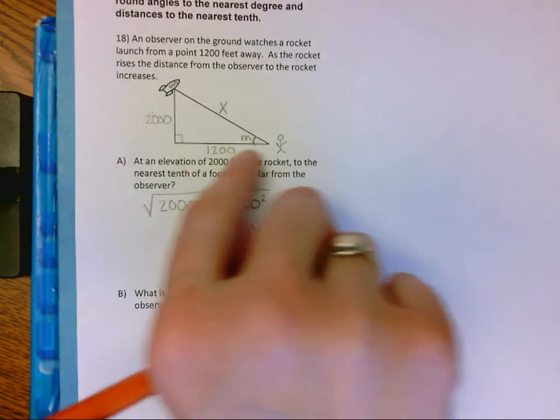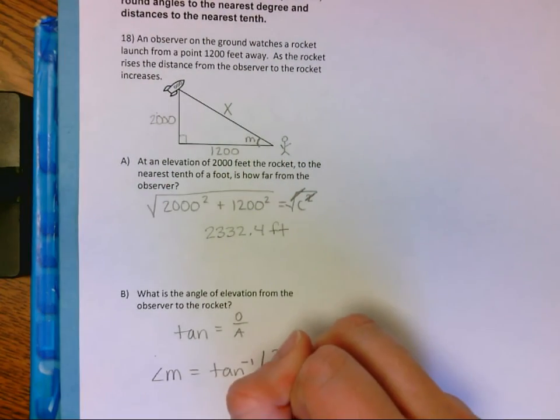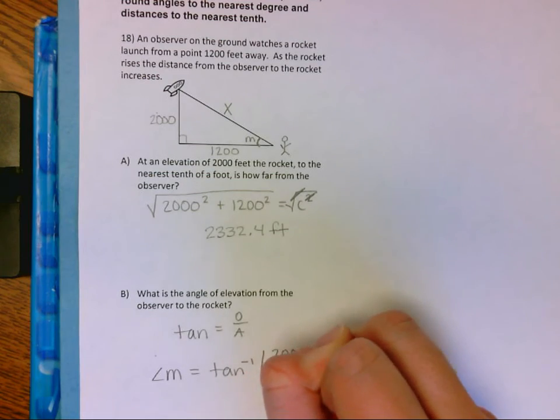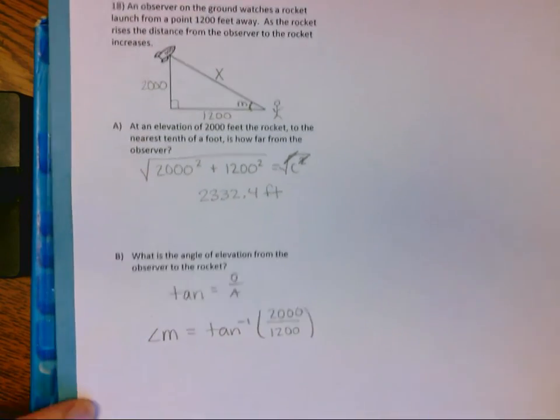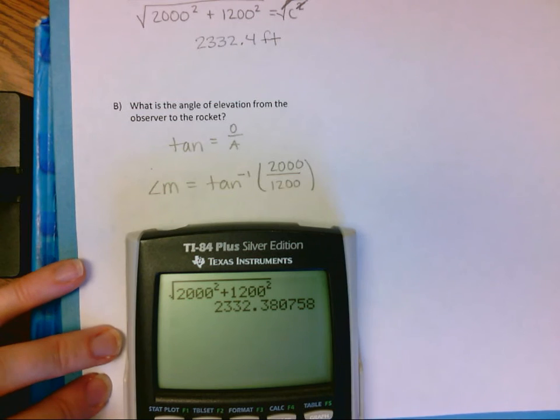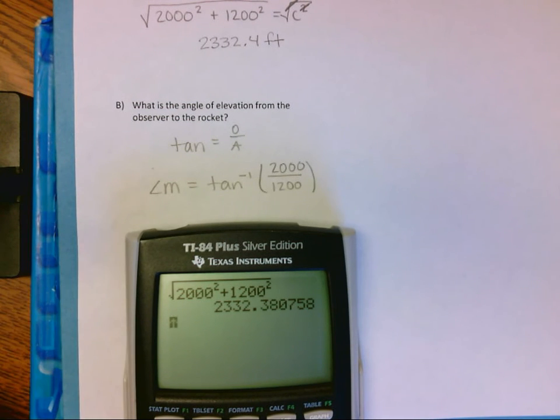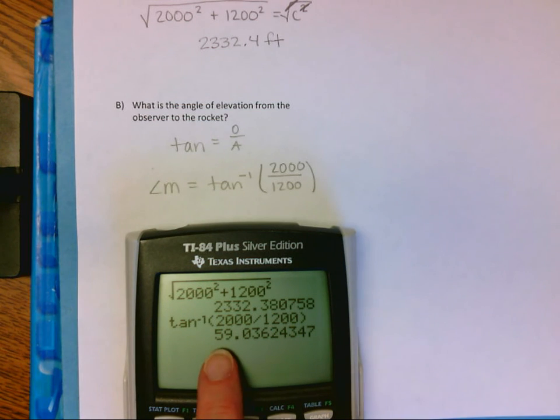Adjacent, it attaches the angle with the 90 degrees, is 1,200. Be sure your calculator is in the correct mode. Use second tangent to get inverse tangent. 2,000 divided by 1,200. Rounding to the nearest degree, that's 59 degrees.